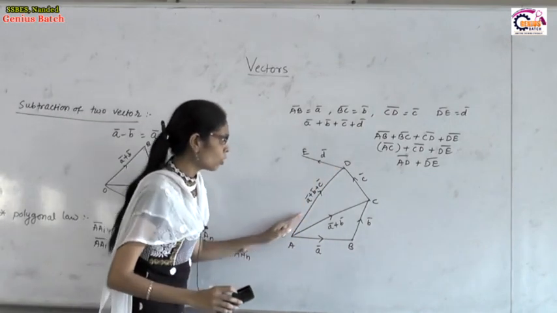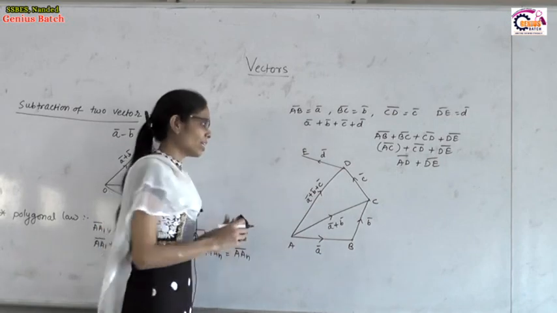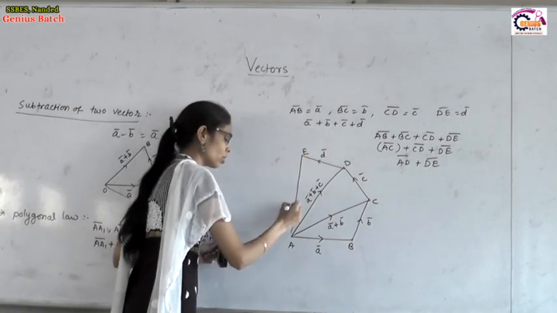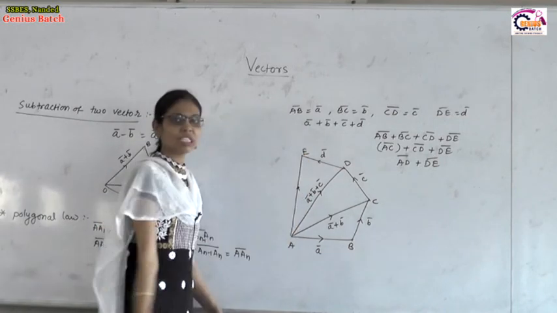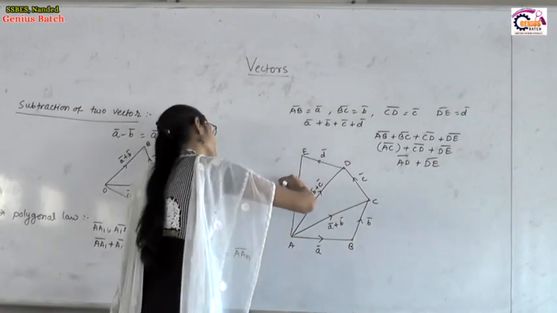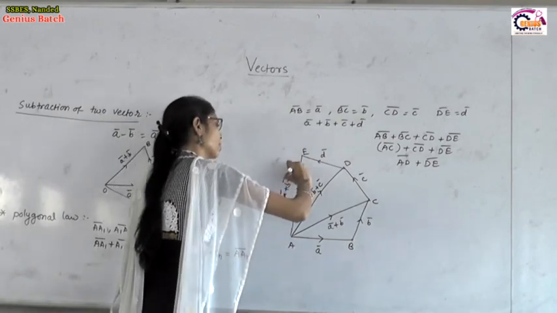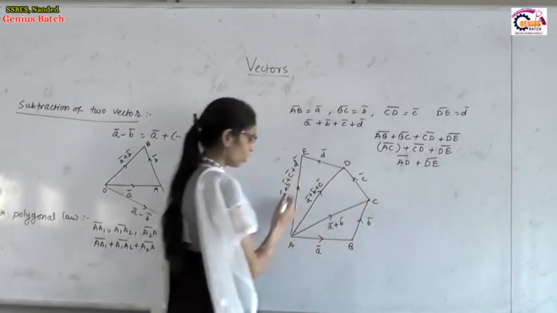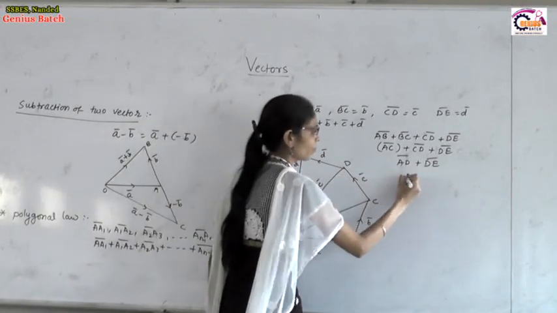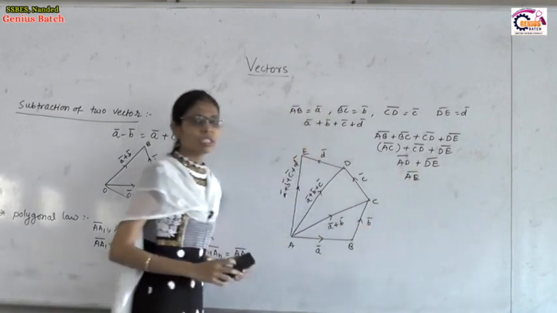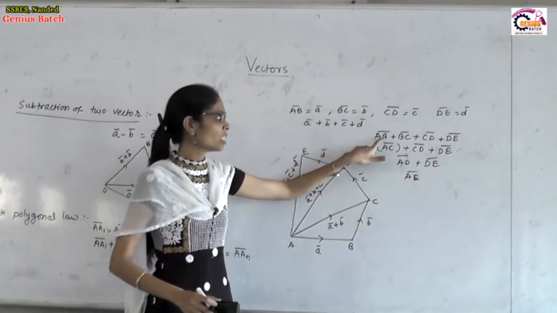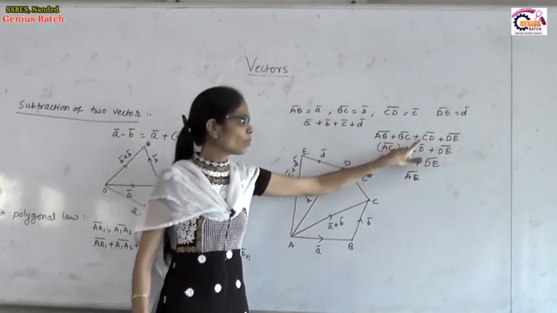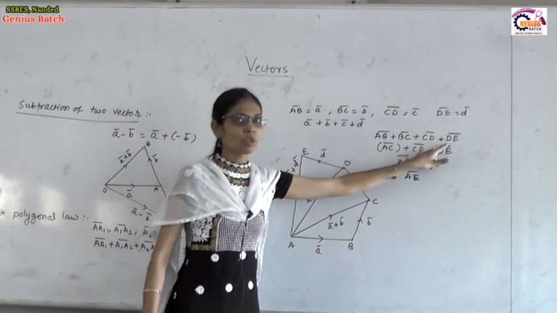Again, using triangle law, AD plus DE, resultant will be along the third side of the triangle, that is AE. So this resultant is A plus B plus C plus D. So as a result, what I am getting is vector AE. So this is said to be polygonal law. See, this B point is common, then C point is common here, D point is common here.